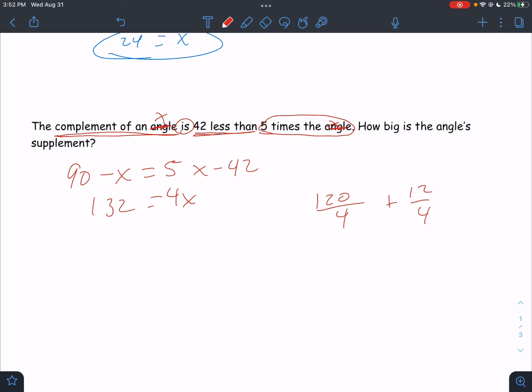So what I did is I picked the biggest number less than 132 that I could divide by 4 quickly. And that answer was 120. 120 divided by 4 is 30. And then I would have 12 more left over. But you don't just add 12. You still have to cut it into fourths. So plus 12 over 4 would be 3. So the answer is going to be 33.